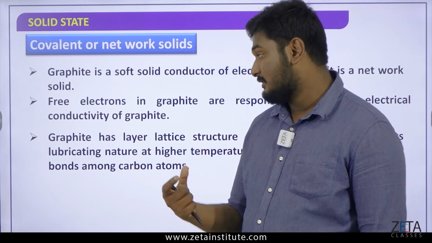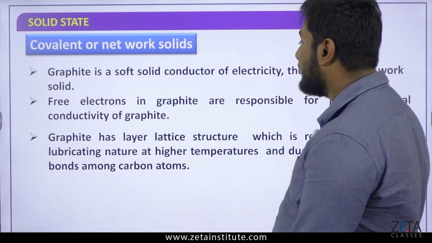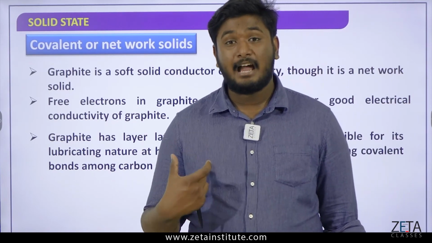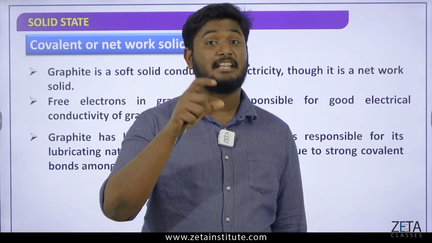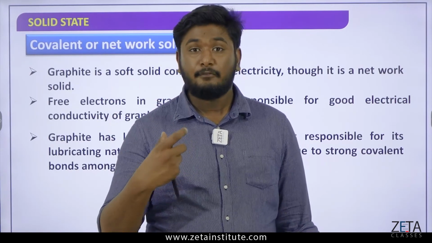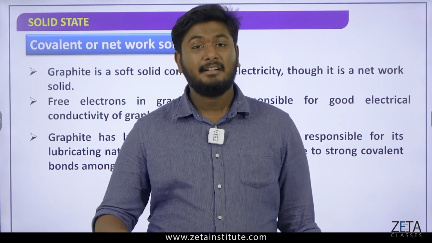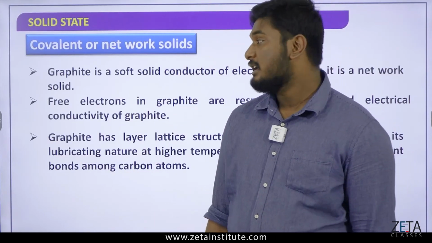Due to that reason, it acts as a good lubricating agent at high temperature. And in graphite, each carbon atom is shared with the other 3 carbon atoms. Clear? So there is a free electron present in the carbon of graphite. This free electron is responsible for the conductivity of graphite.